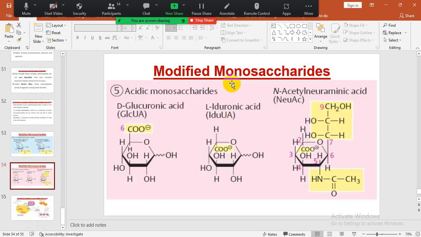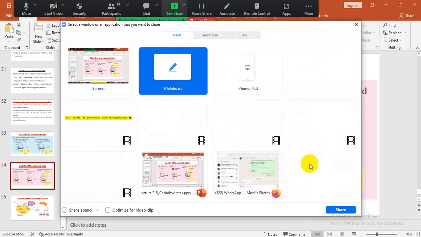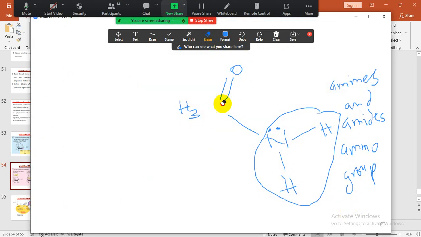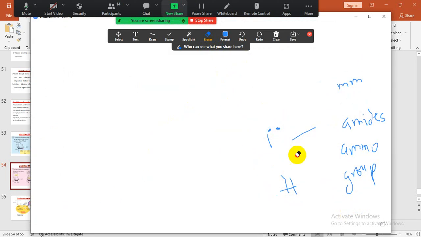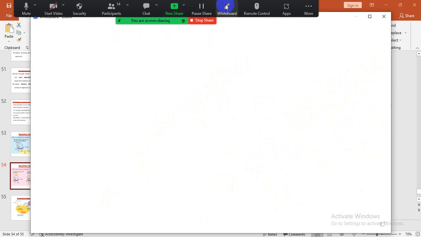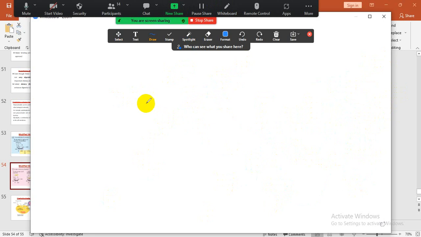So let's see. We want to modify glucose again. So these are acidic monosaccharides. You can see that this is a normal glucose, but on carbon 6, most of the time you see CH2OH.